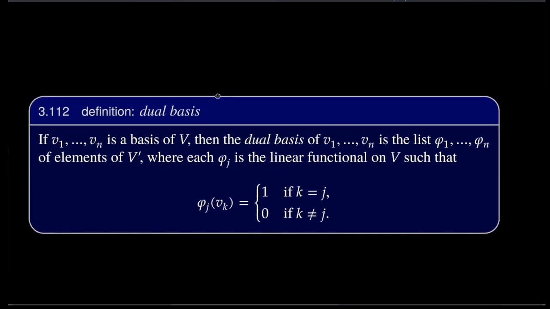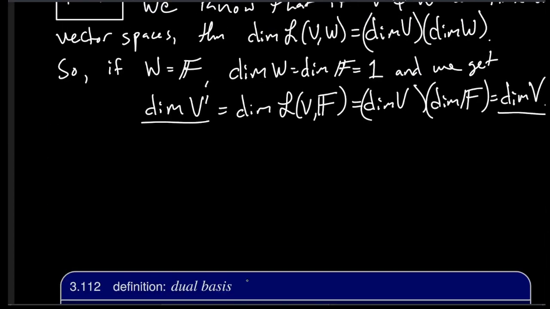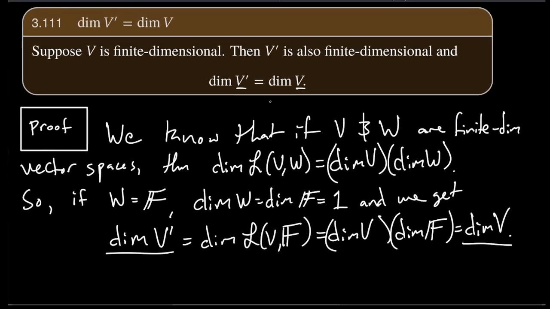So what? Well, we know that all finite dimensional vector spaces with the same dimension are isomorphic. So there is an invertible linear map, a relabeling, that lets you turn everything in V prime into things in V and vice versa. That is, V prime and V, when V is finite dimensional, are just the same vector space, but with things labeled differently.